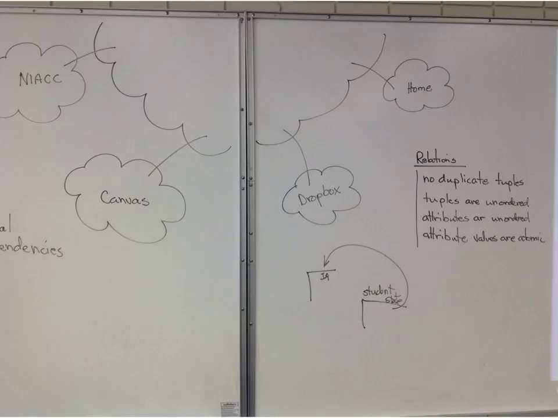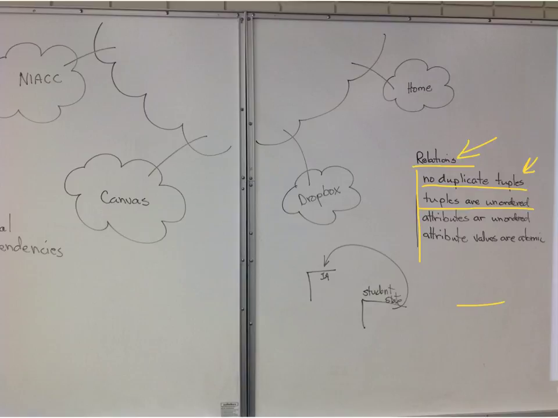One other thing I'm going to mention here from the notes, and then we'll talk a little bit about the internet. Some key things here when we talk about relations. No duplicate tuples. Remember, tuples are records. Tuples are unordered.